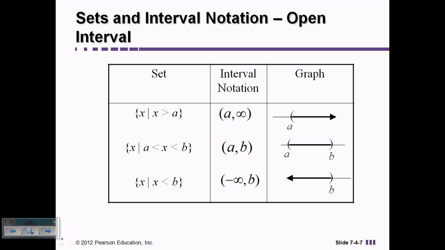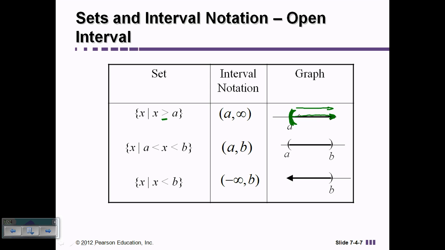So here are some different ways to represent solutions to problems. So if we have x is greater than a, some important things to note here. You'll notice that you have a parenthesis at a, and that all of the line is bold to the right. Since it's talking about greater than, we want to shade in the direction that the arrow is pointing.